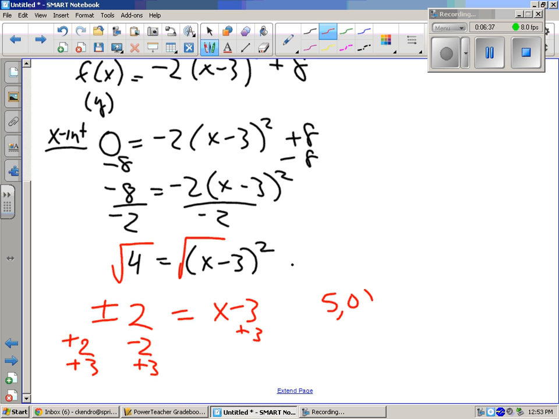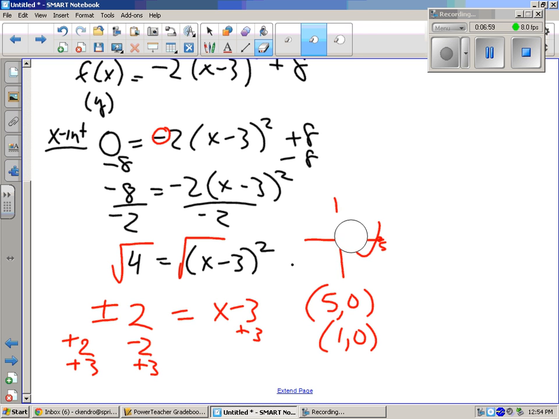So 5, 0, and 1, 0. So that means it crosses the x-axis twice. So maybe it's a graph going like that, where here's your 1 and here's your 5. So that would be that one. Actually it would be upside down because of this. So let's change that. Get rid of this.